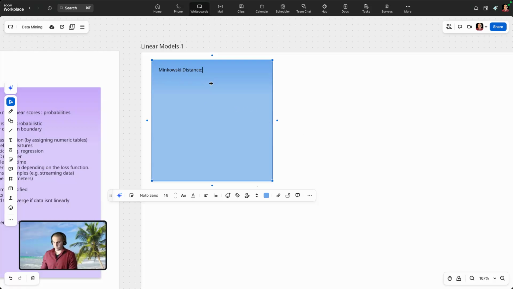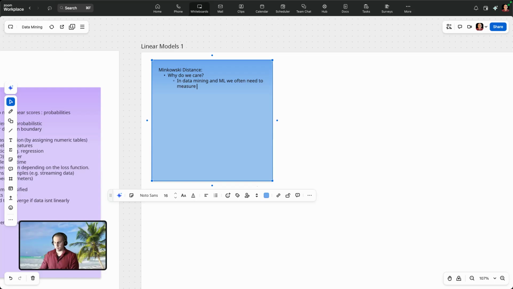So let's talk about the Minkowski distance. The first thing we want to ask is, why do we care? Why do we care about the Minkowski distance? Well, the motivation behind it is in data mining and machine learning. In machine learning, we often need to measure two things.